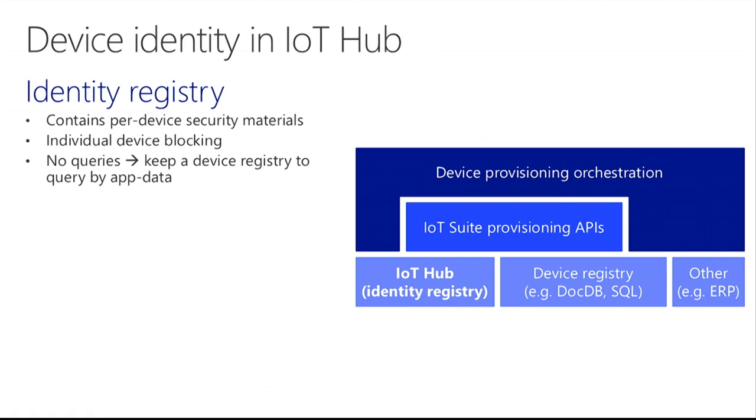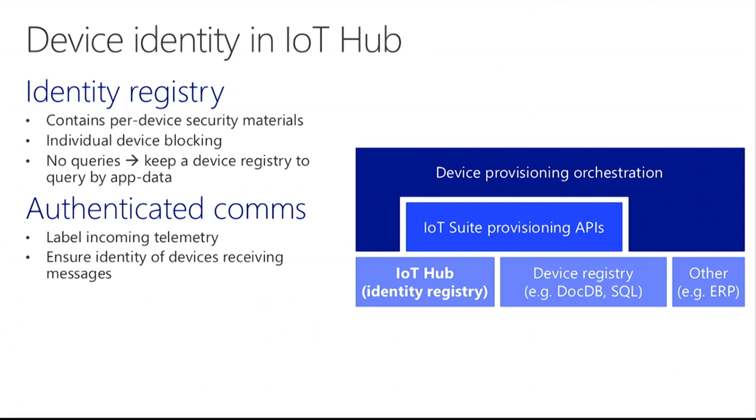One thing that is very important is that it does not allow generic queries. So most likely, you will have to have a master device registry implemented in your solution. That is the authoritative store of the existence of a specific device identity.